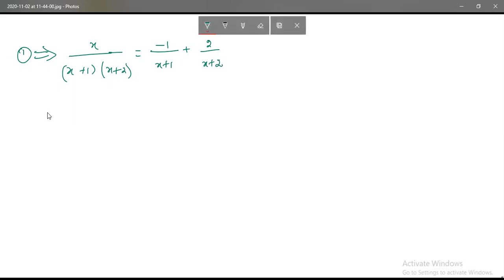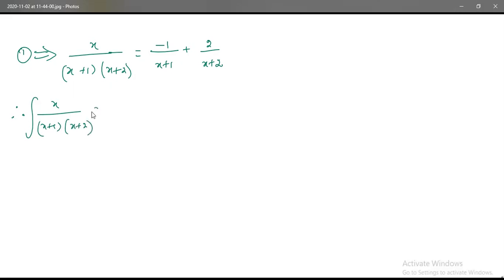Now you can do the integration. If I'm integrating with respect to x, we get integral x by x plus 1 into x plus 2 into dx is equal to integral minus 1 by x plus 1 plus 2 by x plus 2 into dx.